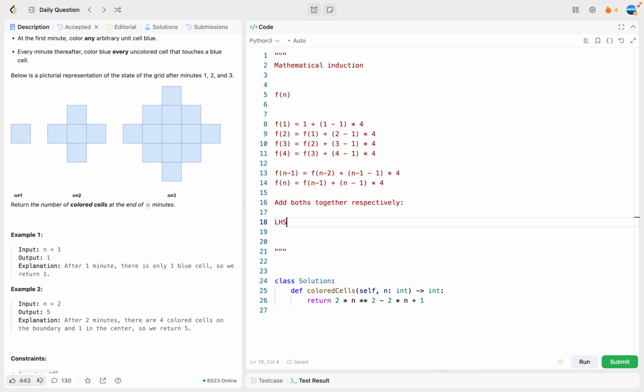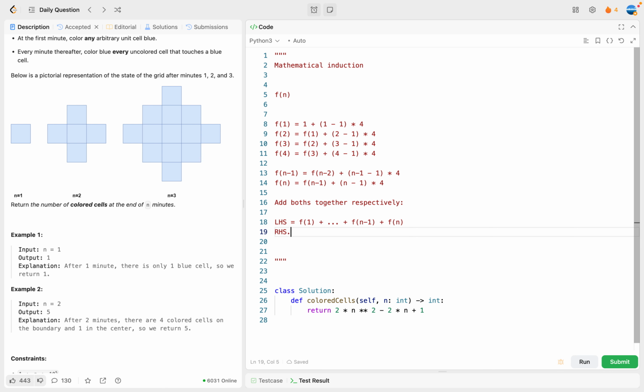The left hand side will be f1 up to f(n-1) plus fn. The right hand side is 1 plus f1 plus f2 plus up to f(n-1), then 1 minus 1 times 4 plus up to (n-1) times 4.